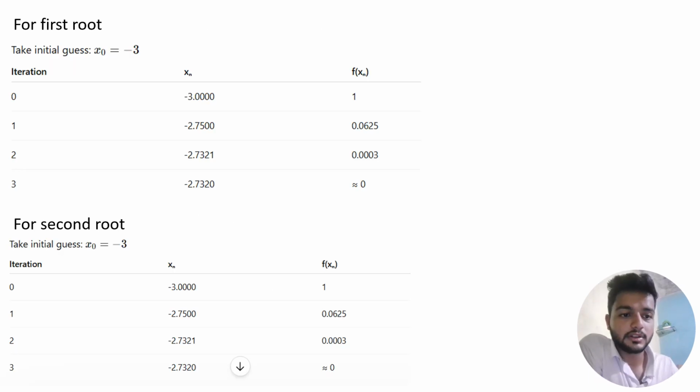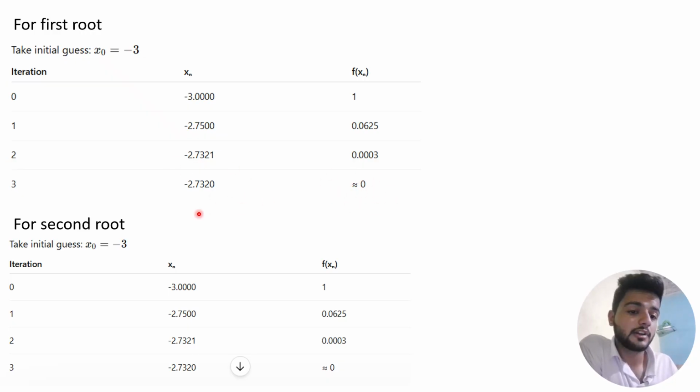For the first root, we'll take a guess x0 is equal to minus 3. At iteration 1 we'll get f of x. At iteration 3 we'll be getting f of xn equal to 0. In the third iteration we'll be getting f of xn approximately 0.